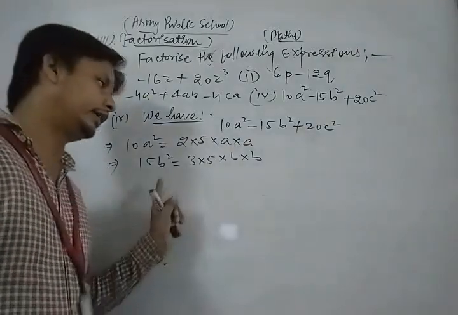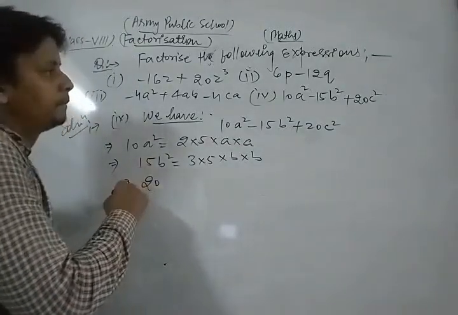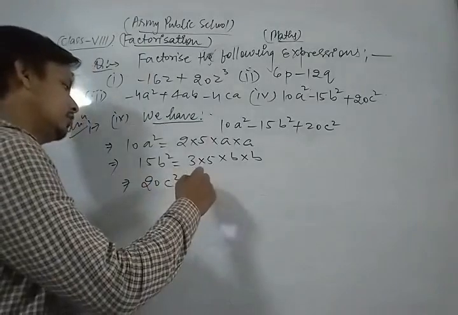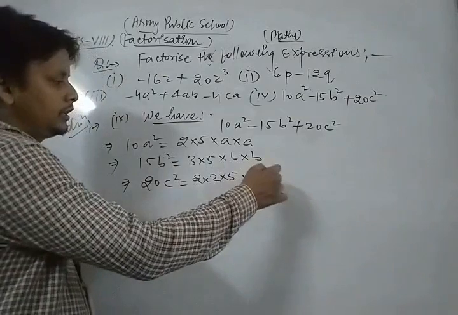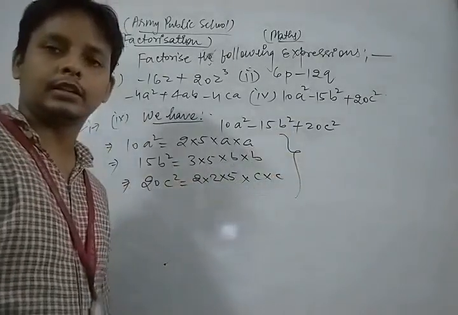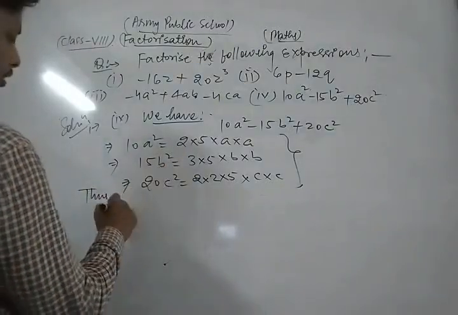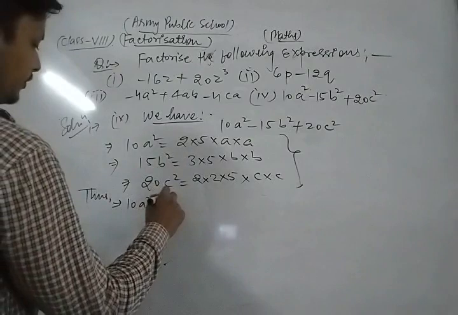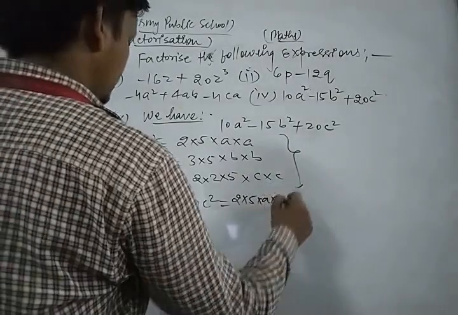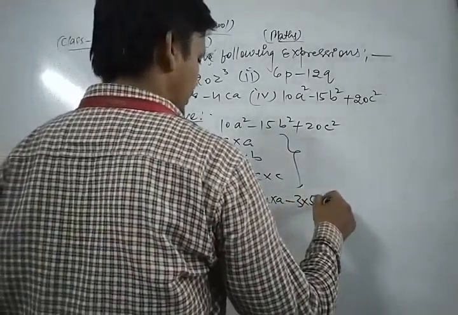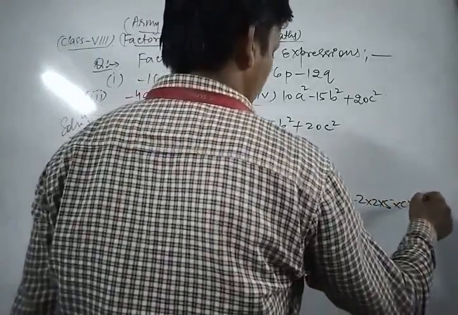In the third term we take 20c square, so we write 2 into 2 into 5 into c into c. So in this way we factorize each term of the given expression. Thus 10a square minus 15b square plus 20c square is 2 into 5 into a into a, minus 3 into 5 into b into b, plus 2 into 2 into 5 into c into c.